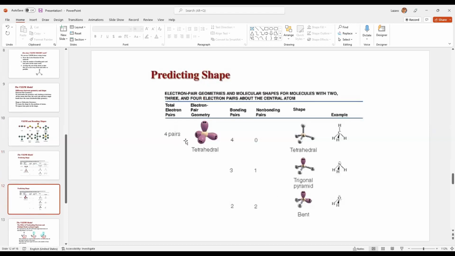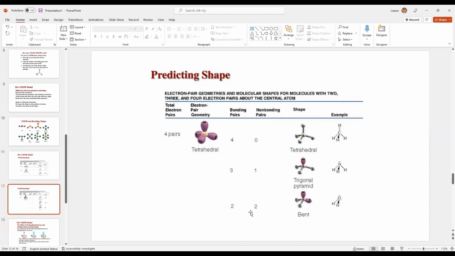When you have 4 electron pairs, you can have 0, 1, or 2 non-bonding pairs. If you have no non-bonding pairs, the molecule will be tetrahedral. If you have 1 non-bonding pair, then it will be trigonal pyramidal.